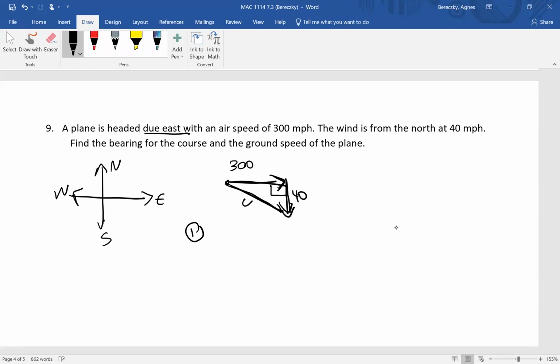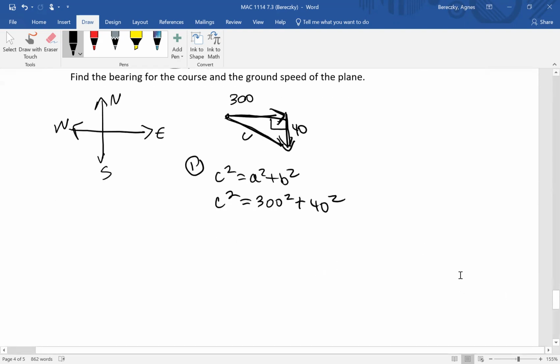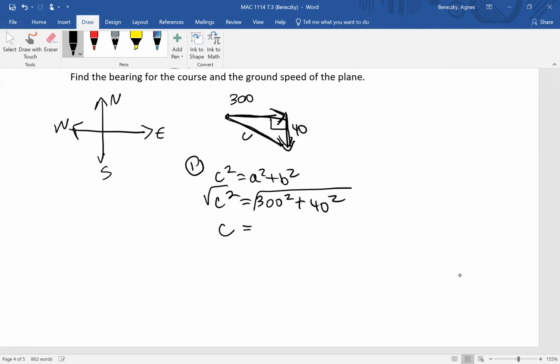So let's label this with C. C squared equals A squared plus B squared. C squared equals 300 squared plus 40 squared. And take the square root. C equals 302.7 miles per hour.